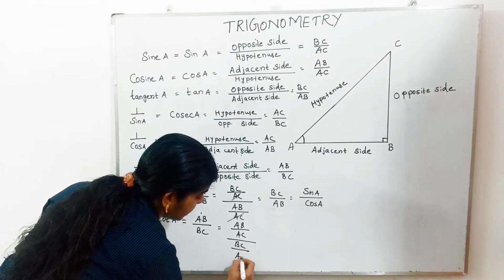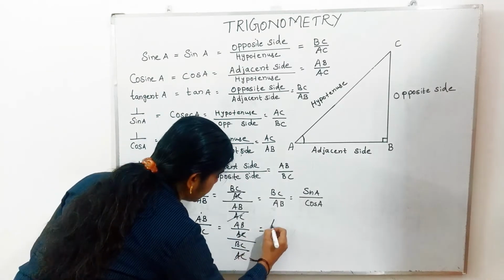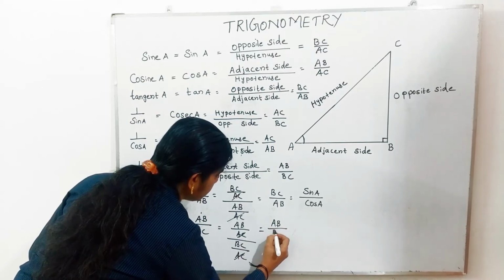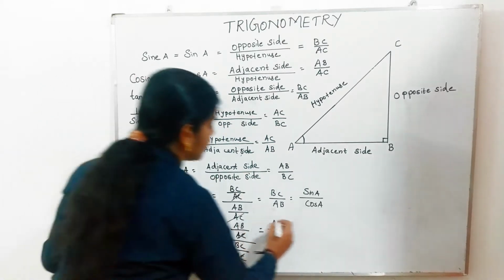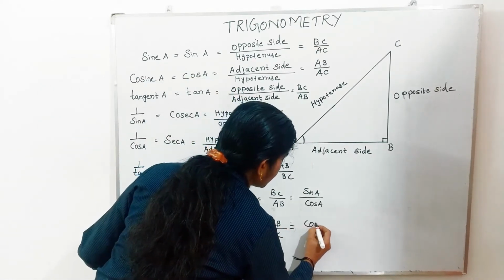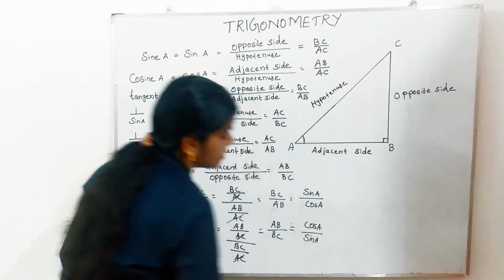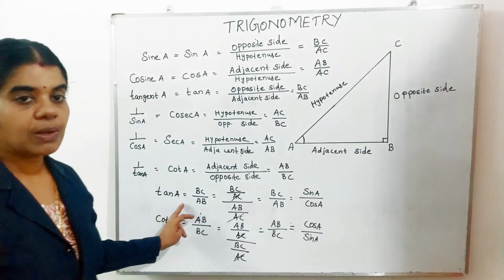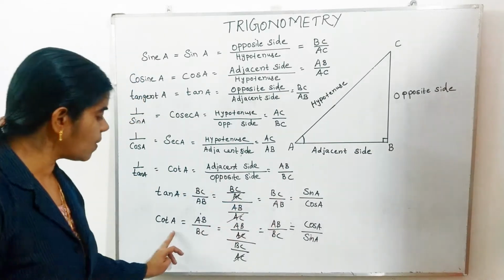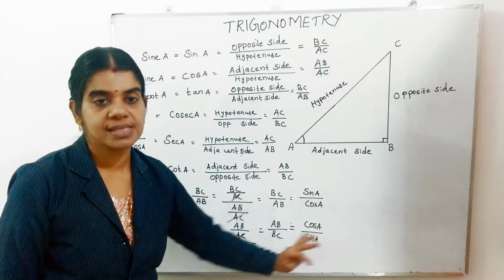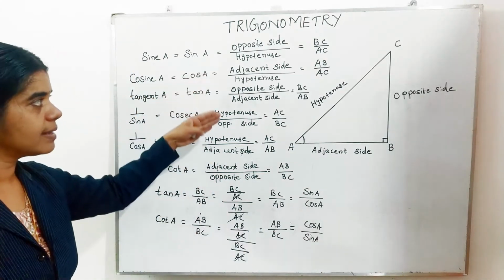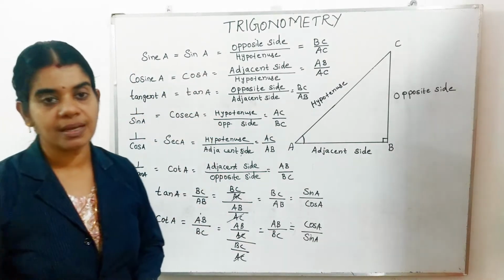BC by AC. We can cut this AC. Again you are getting AB by BC. So we can say that cot A is equal to cos A by sin A. This is also one important result. Tan A is equal to sin A by cos A. Cot A is equal to cos A by sin A. Based on angle A, you got all these results.